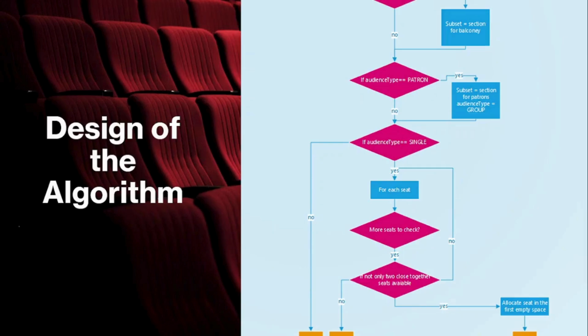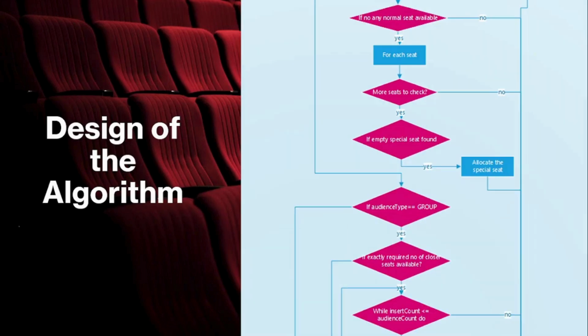If not, the algorithm allocates that remaining seat. But if there are no normal seats available, then in such cases it looks for other seats like special seats, and if those are available, the algorithm allocates such seats for the single persons.